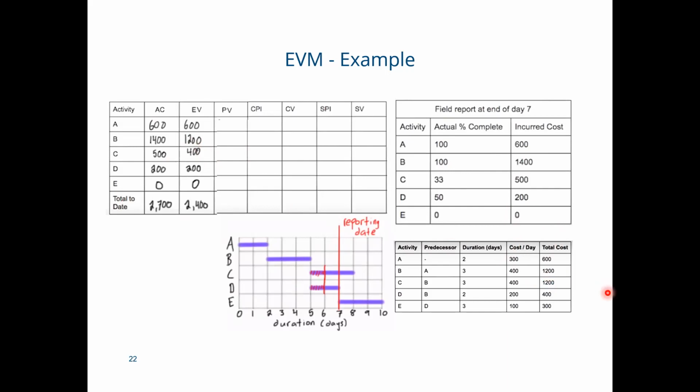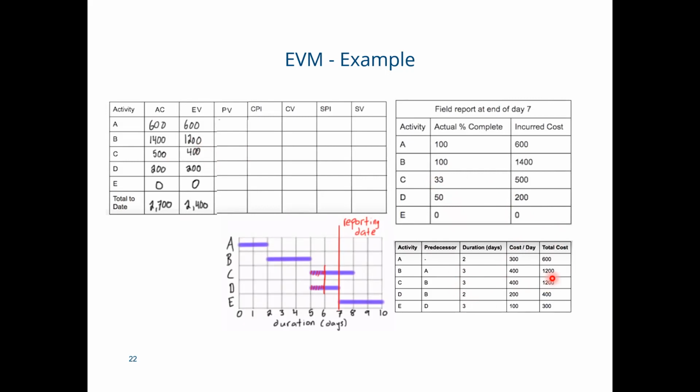Activity C is completed 33%, right? Now here please pay attention. 33% means one third of the work for activity C is completed so far, and the total budget for activity C is 1200.